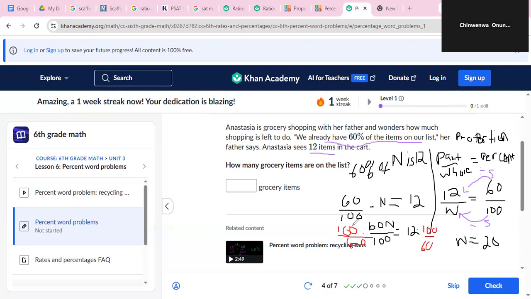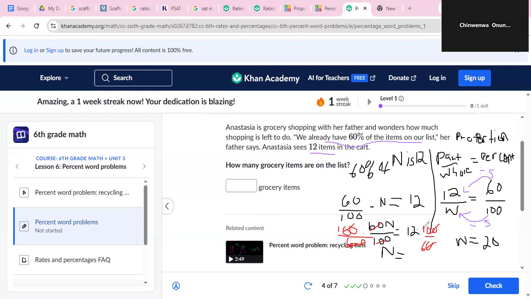So I get that 100 simplifies with 100 to give me 1, and 60 goes into 60 one time. So I'm just left with n over here: 1n is equal to 12 times 100 over 60. I can simplify the zeros at the end, canceling out a 0 up and down.